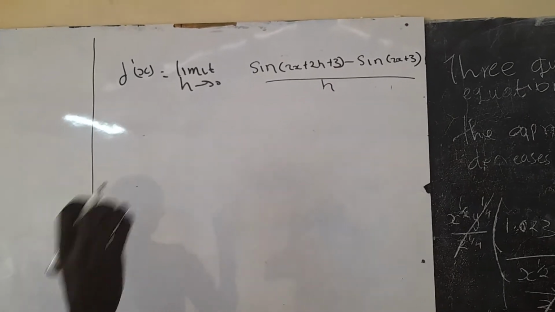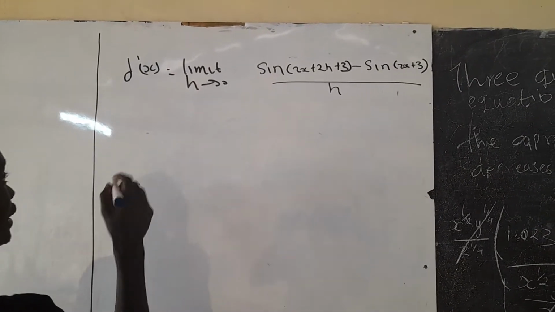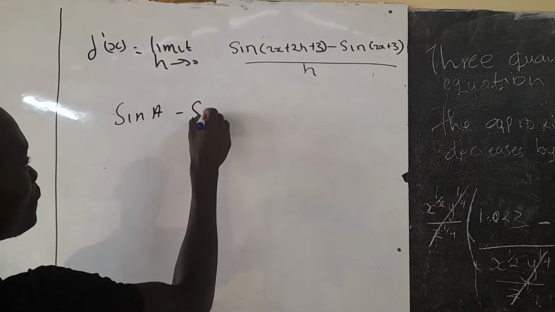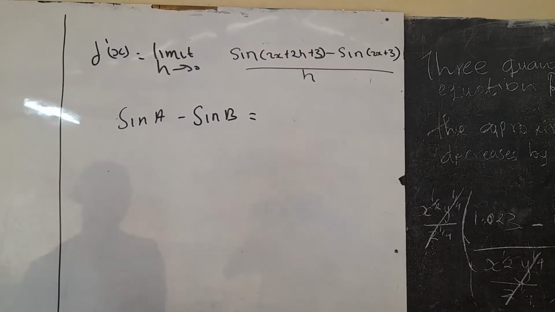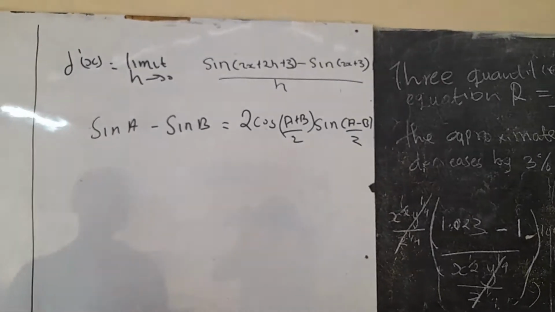And now, when you look at this function here, we are going to relate it to the trigonometric equation, which says that when you have sine A minus sine B, if you look at your log table, you will find that it means we have 2 cos((A + B)/2) sine((A - B)/2).